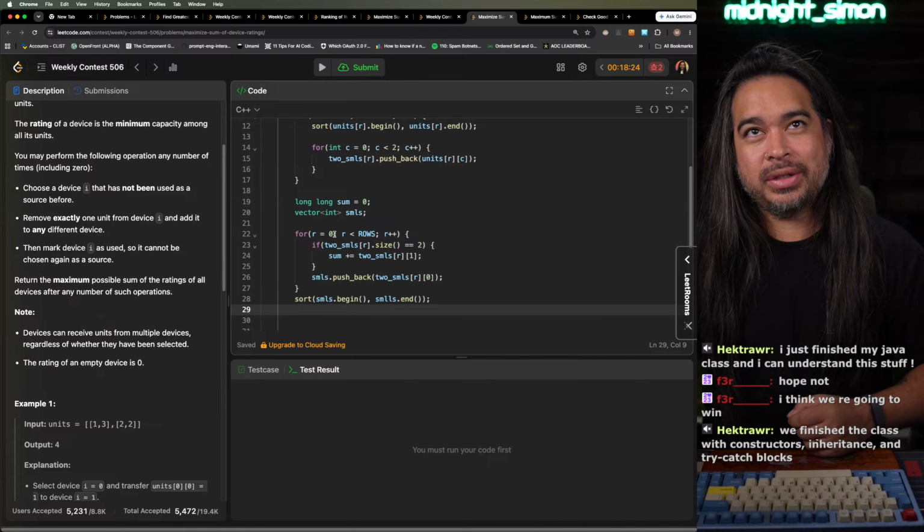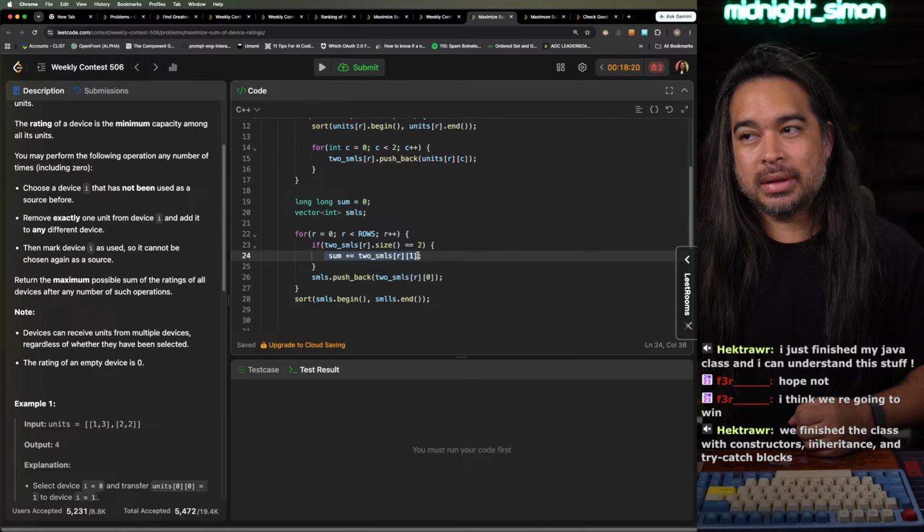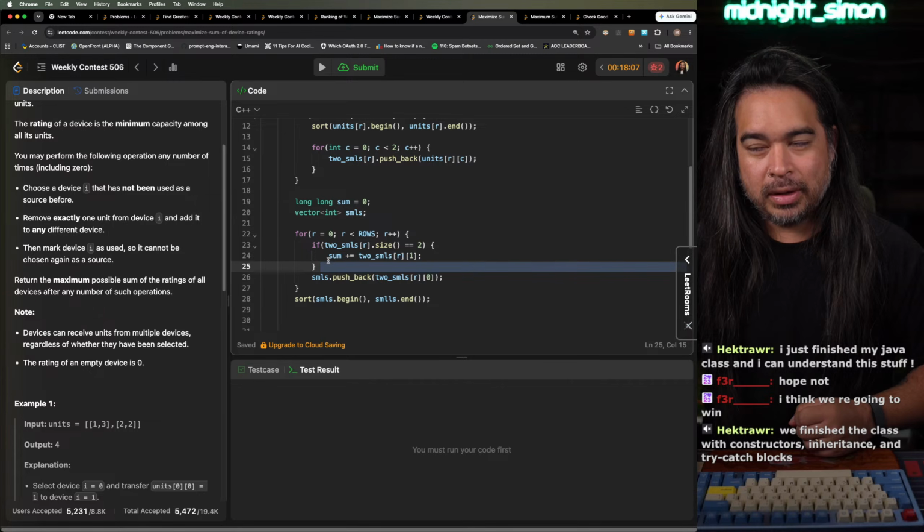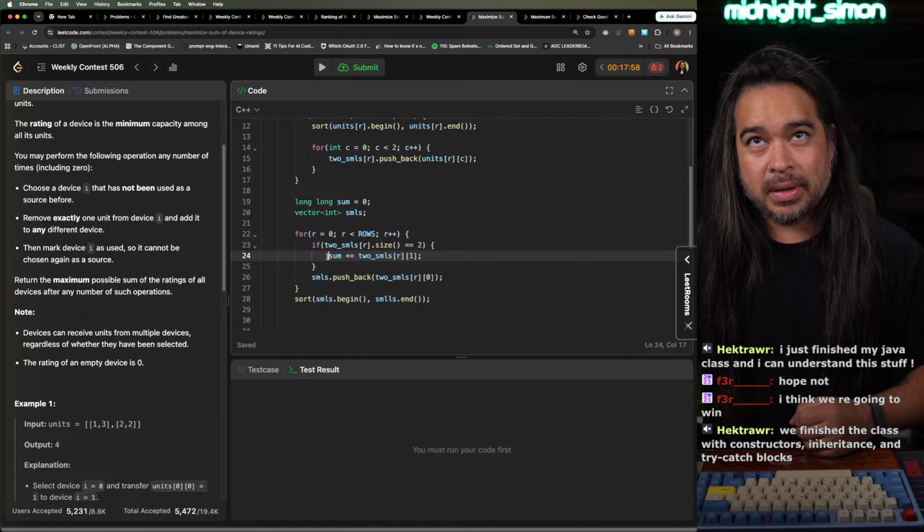So we added all the second numbers, and I guess it's 0 if there's only one number there. Let me think. How do we handle that situation? There's a second number there.